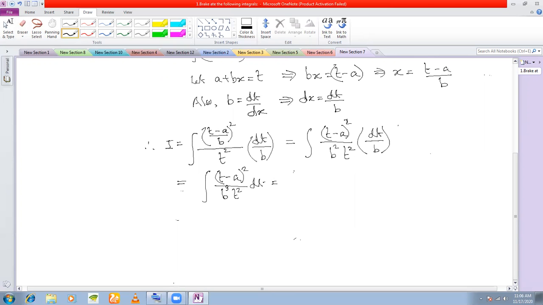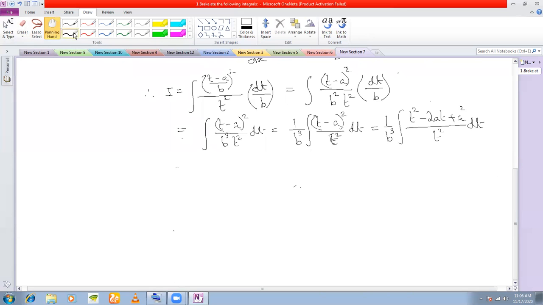Now you can take 1 by b cube out because it is a constant. So you are only left with (t minus a) whole square by t square dt. Now how to evaluate this? Expand: t square minus 2at plus a square, divided by t square dt.